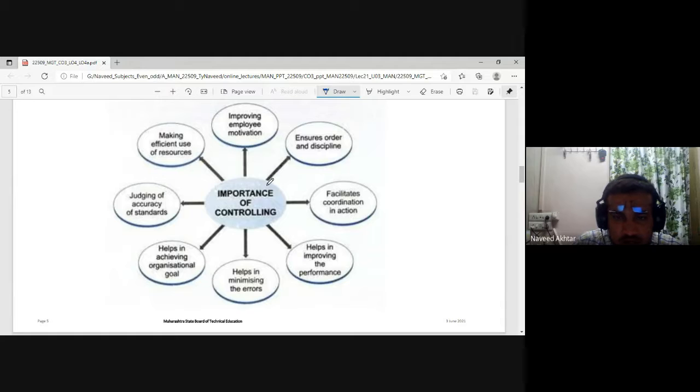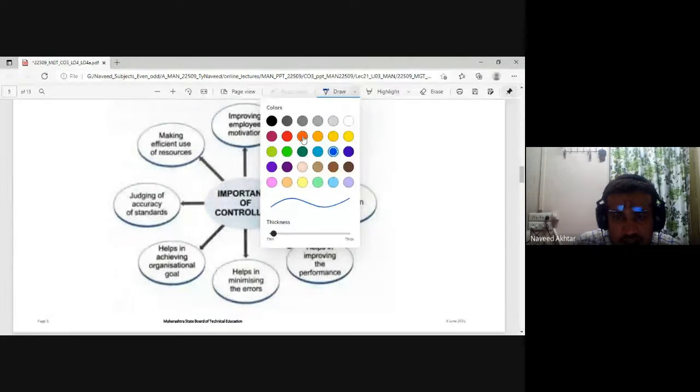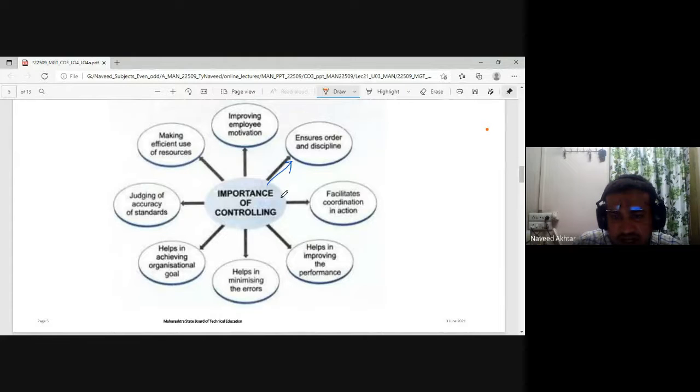Now the importance of controlling: you can see it ensures order and discipline at the workplace. It facilitates coordination in action. Controlling helps in improving the performance of your activities or project. Controlling helps in minimizing errors. Controlling helps in achieving the organizational goal.